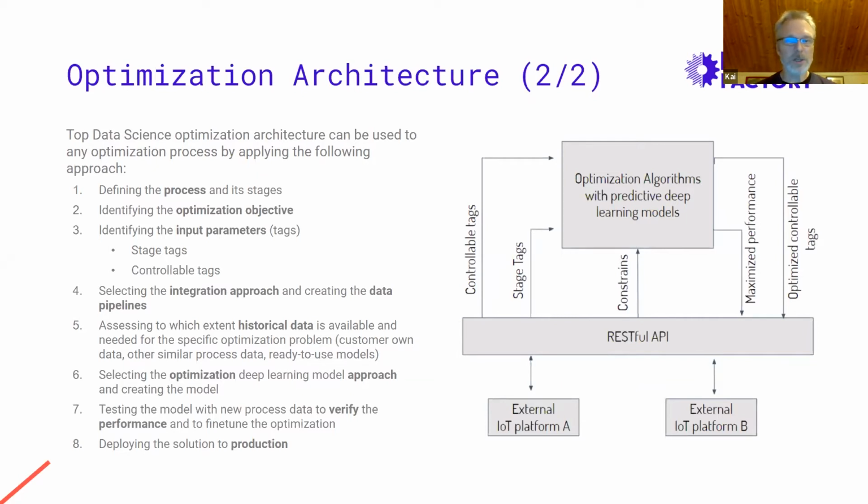There are certain basics thought through profoundly when it comes to optimization through deep learning that is used here, and then of course you need to test the model, how it really predicts the performance and whether the process is performing according to the predictions.